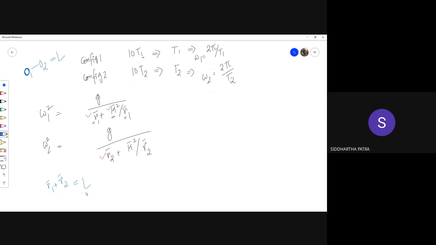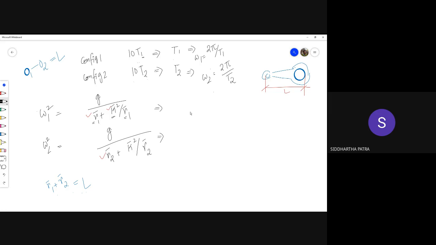To get this capital L, all you have to do is to take your compound pendulum and measure this distance using a tape or maybe a scale, whatever you choose, to get this L. Okay. Achha. Now I would rewrite. So these are three equations for three unknowns, and that's how we are going to solve them.